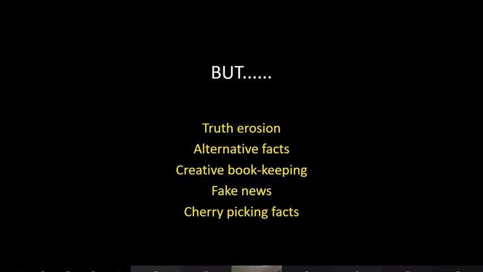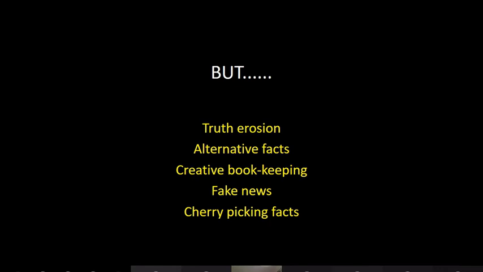I see the current debate when it comes to forest and climate, I find it very frustrating actually, because it has a fair element of erosion of truth. There's lots of alternative facts. People add numbers in a way that fits their ambition. There is lots of fake news and also cherry picking of facts, and this is quite annoying.